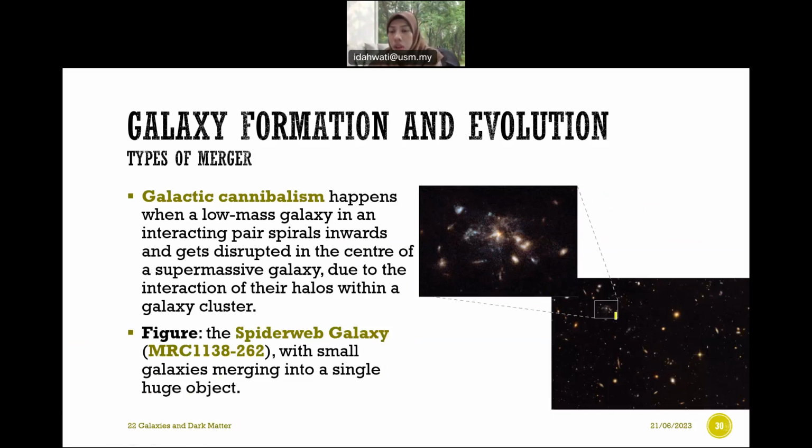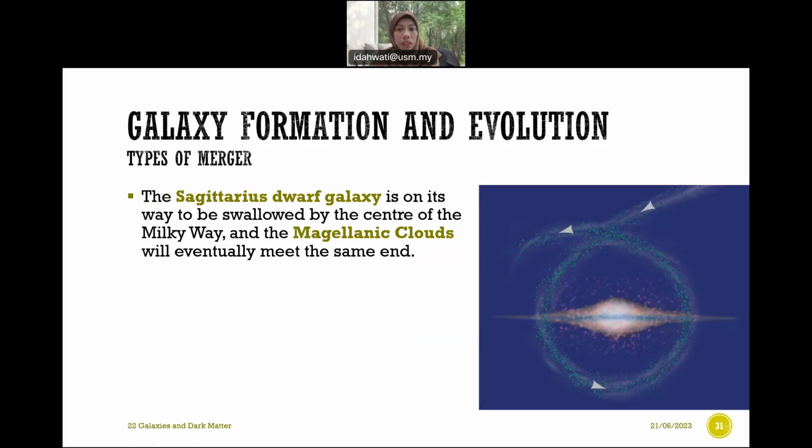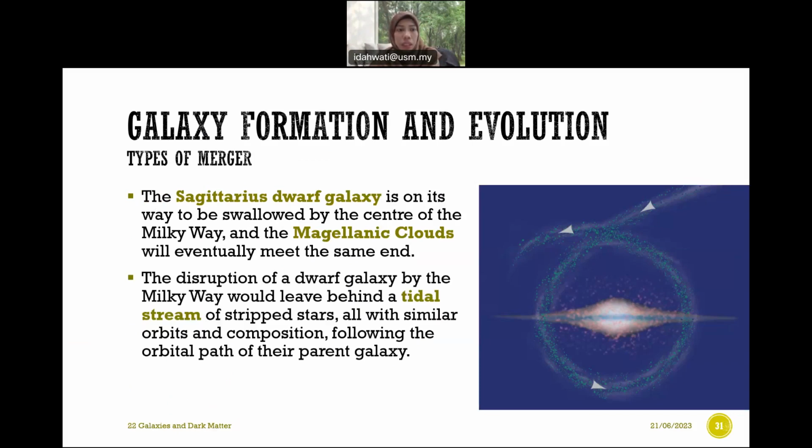When we zoom in on this part, we can see the small galaxies that merge into a single huge object. This one is the Sagittarius dwarf galaxy, on its way to being swallowed by the center, and the Magellanic Cloud will eventually meet the same end.